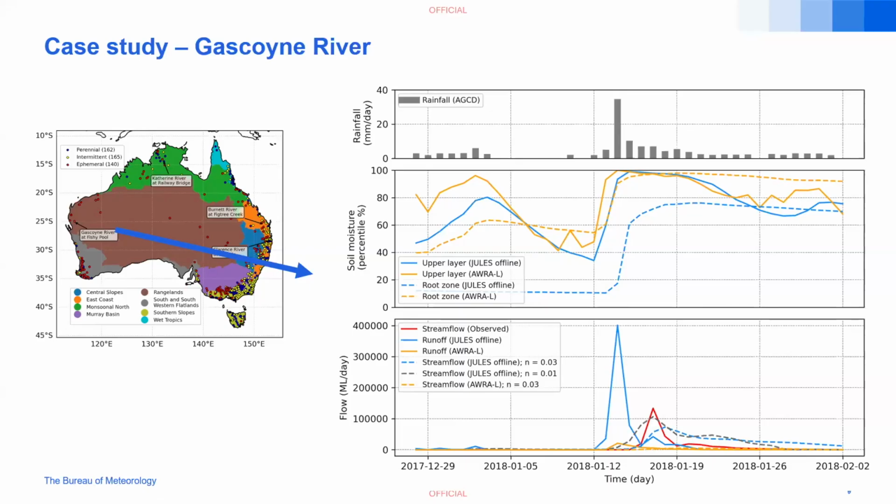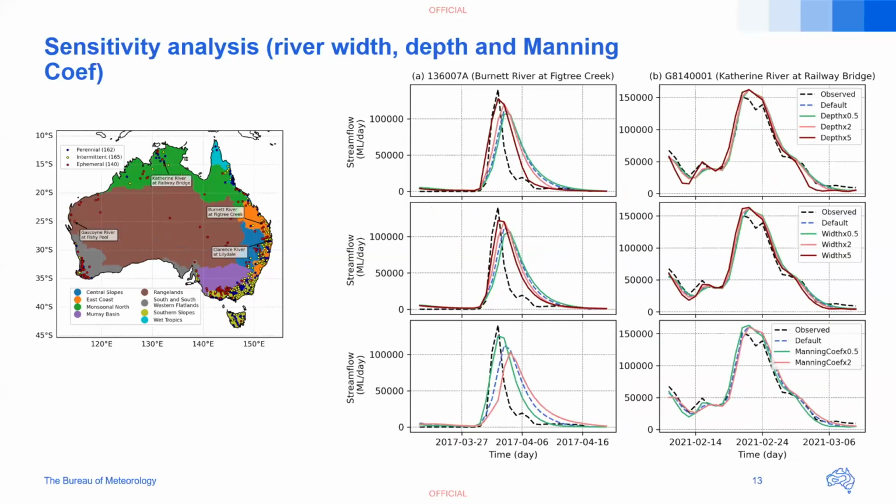perform. I looked at sensitivity analysis as well, particularly looking into the CaMa-Flood parameters: the river width, depth, and Manning's coefficient. These are the main three parameters I looked at, and we can see there's some sensitivity in some of the catchments, particularly in the first one, the Burnett catchment.